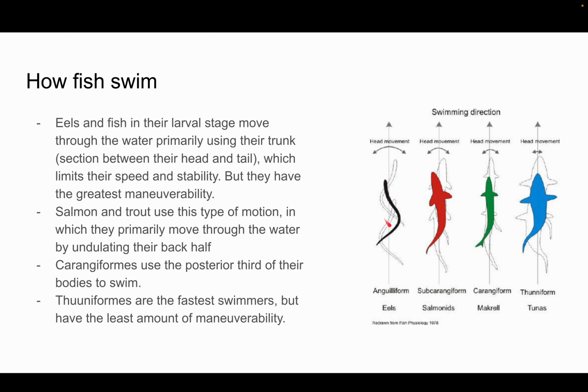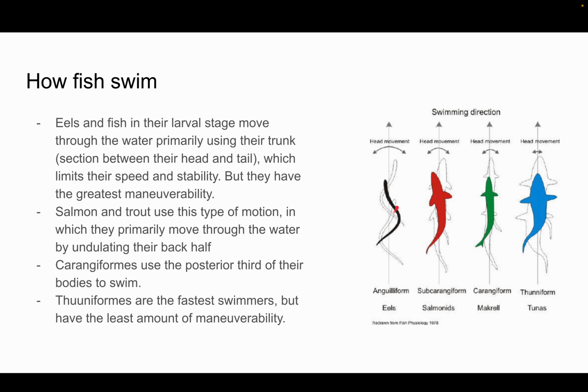You can think of it as the mid portion, which limits their speed and stability. But they have the greatest maneuverability. So eels, or anguilliforms, have some of the best maneuverability because of this aspect. But this limits their speed and stability.